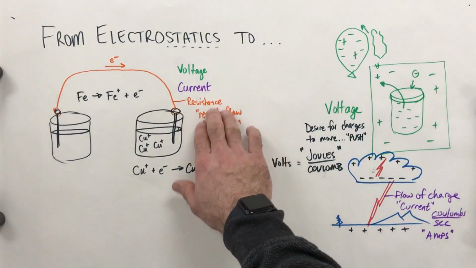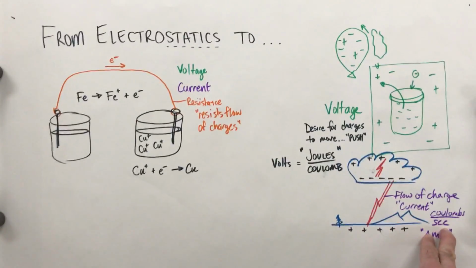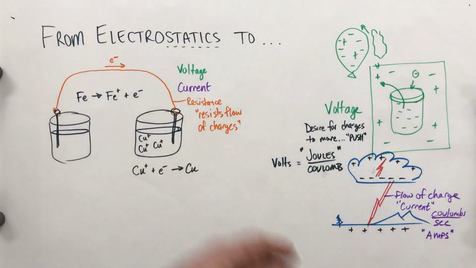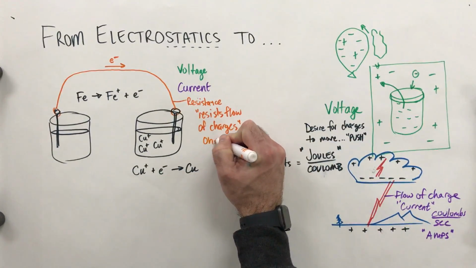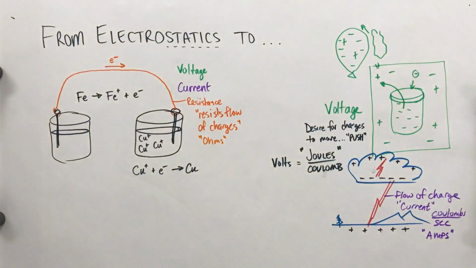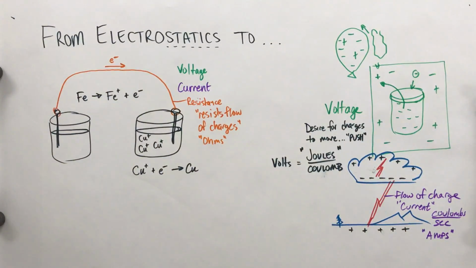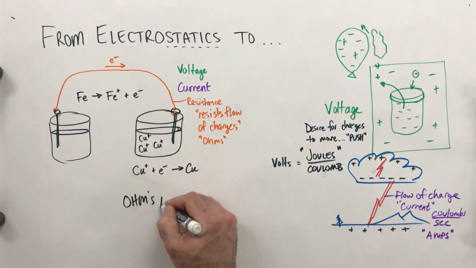Okay, one last concept here with units, because we talked about volts being joules per coulomb, and we talked about current being coulombs per second. What are the units of resistance? This is kind of a weird one. Resistance is ohms. And then you're like, well, what's an ohm, right? How does that connect? Well, they're called ohms because the relationship between all these things was defined by a scientist with the last name Ohm, who developed Ohm's law.